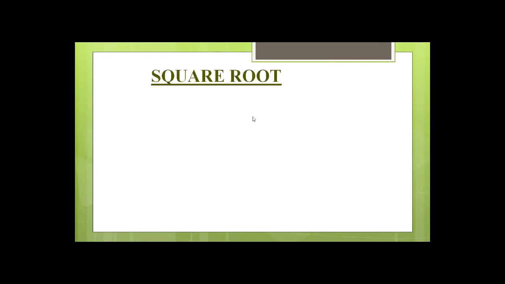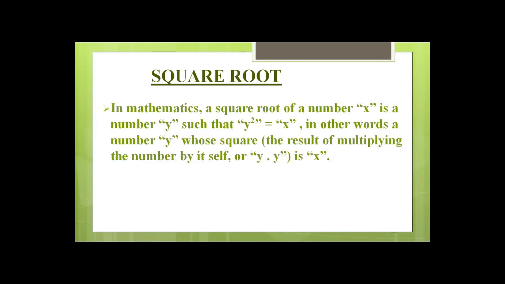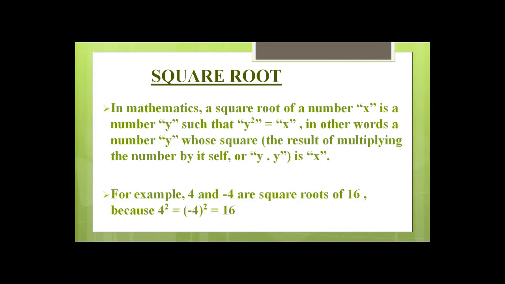Now we are going to start exercise 5.14, and the main topic of exercise 5.14 is square root. In mathematics, a square root of a number x is a number y such that y square is equal to x. In other words, it is a number y whose square, the result of multiplying the number by itself, or y into y, is x.